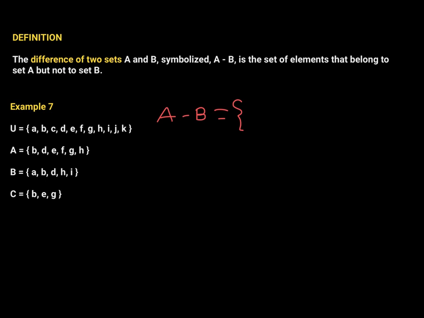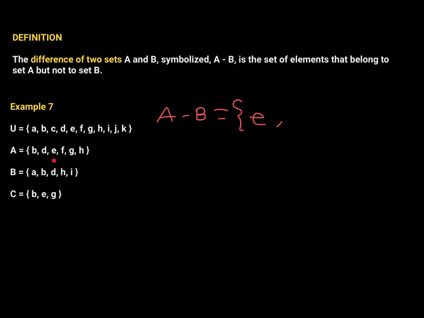So I'm just going to go through the elements in set A, okay? B does not make it into this set here that we're considering because B belongs to set B. D as well. E is in set A, but it's not in set B, so E makes it in. Okay, let's continue.